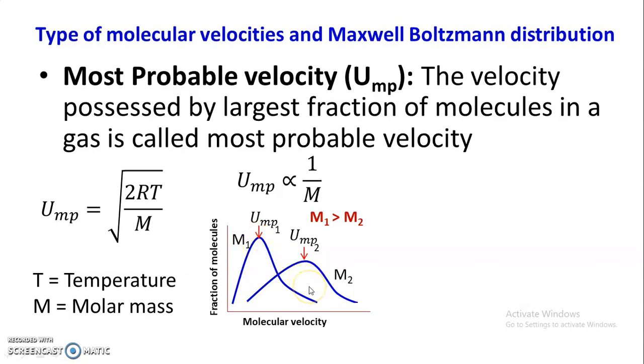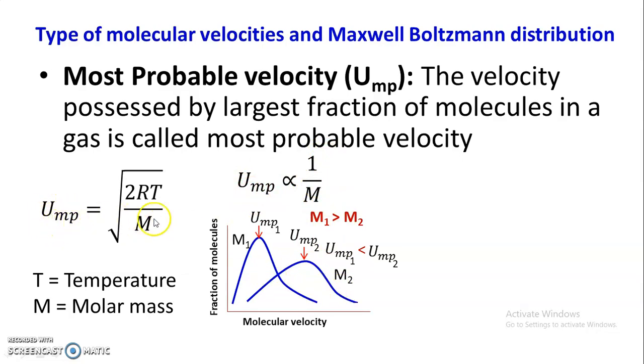It implies that the most probable velocity for gas sample 2 is greater than the most probable velocity for gas sample 1. In short, we can say that smaller molecules, or molecules with less molar mass, move faster than gas molecules with larger molar mass. So in this way, most probable velocity is inversely proportional to molar mass.